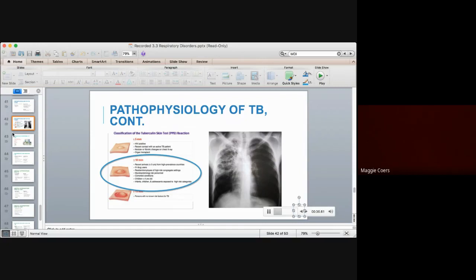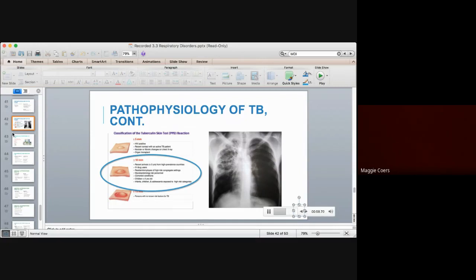So with older adults, we go with an induration of 10 millimeters. Okay, so 10 millimeters is the cutoff. All right, so if they're 10 millimeters or more, that means they have a higher risk for tuberculosis, or they've had some exposure in the past.